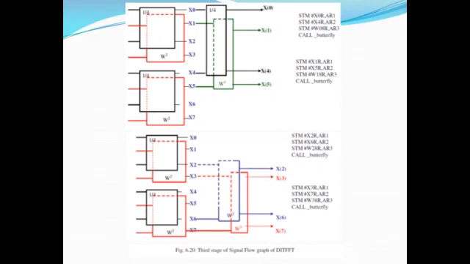So that is what we conclude with the implementation of DIT FFT by considering the main program, followed by the clear subroutine, followed by a bit reversal subroutine, and followed by a temporary storage subroutine, and the butterfly subroutines.